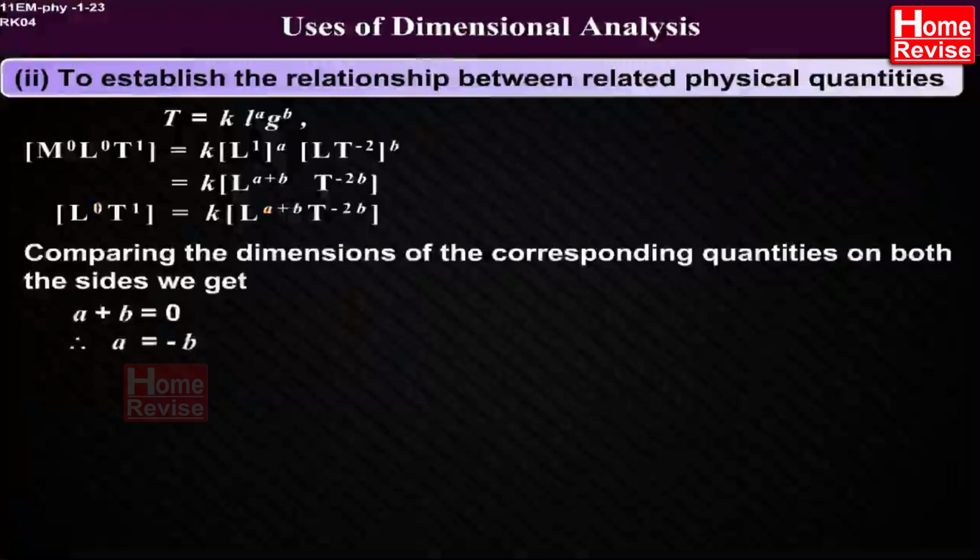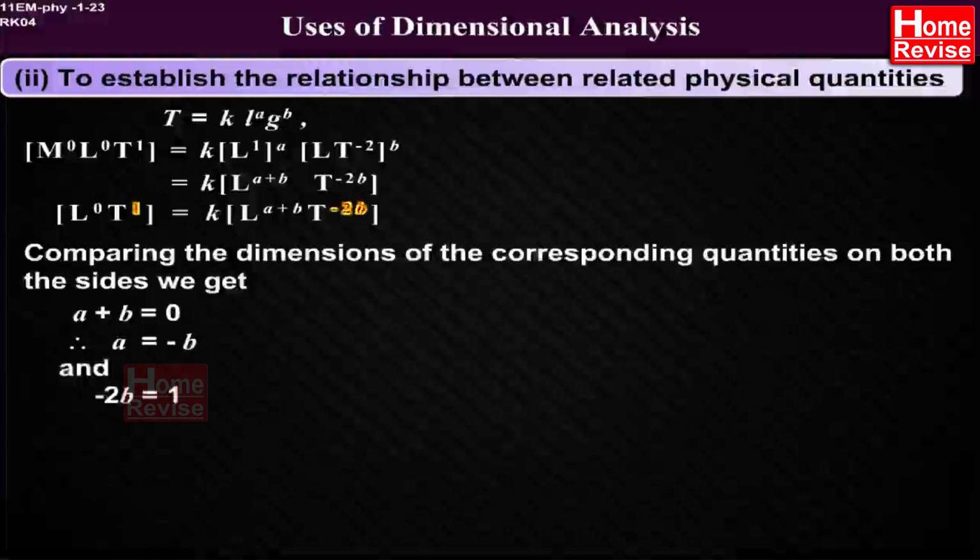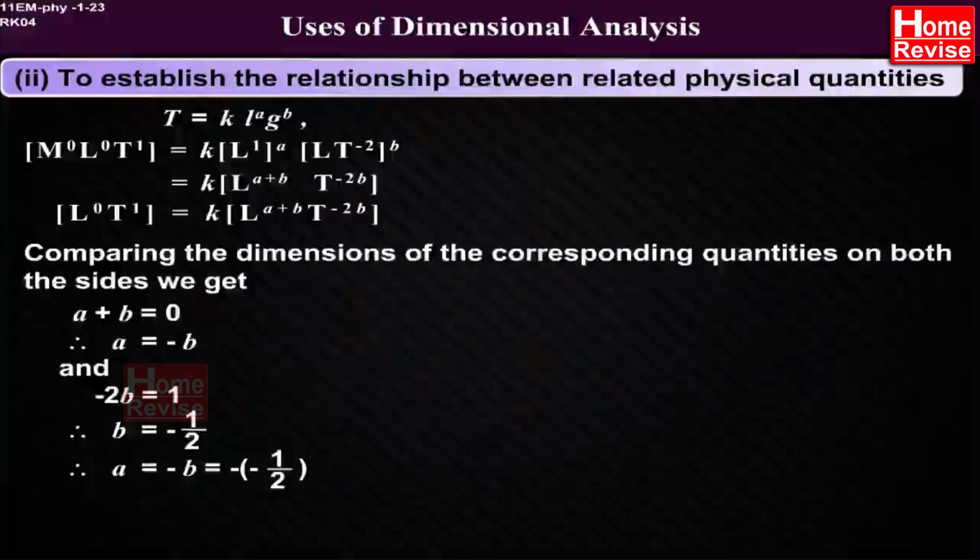Therefore, A is equal to minus B. And minus 2B is equal to 1. Therefore, B is equal to minus 1 upon 2. Therefore, A is equal to minus B, which is equal to 1 upon 2.